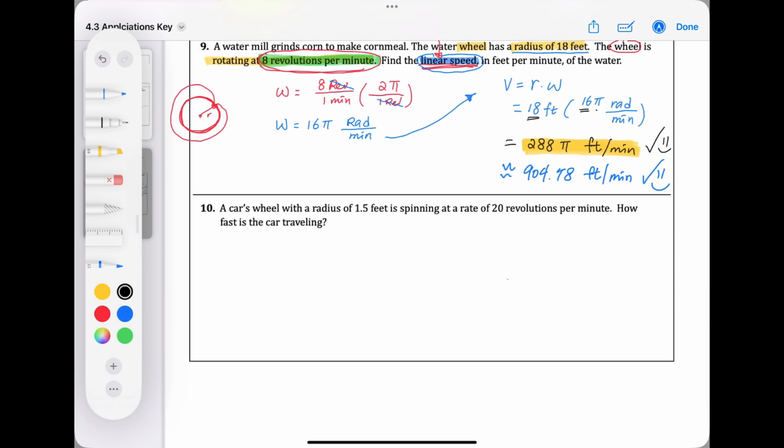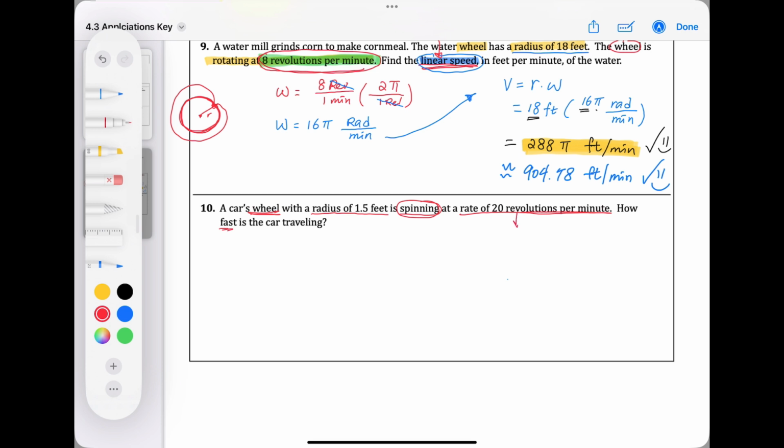A car's wheel. Okay, so this is what we've been doing about a wheel. With a radius of 1.5 feet, it's spinning at a rate of 20 revolutions per minute. How fast? So how fast tells me I'm going to look for the speed.